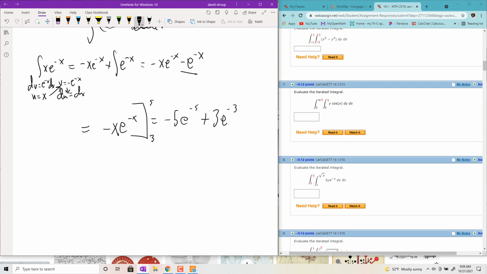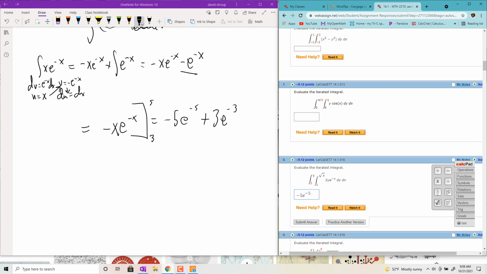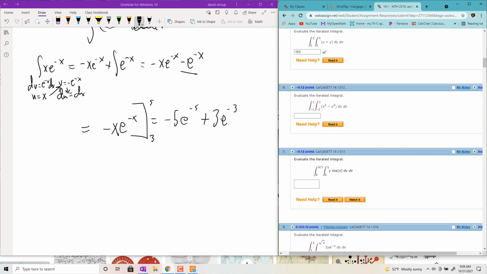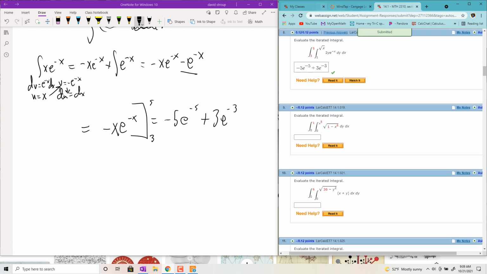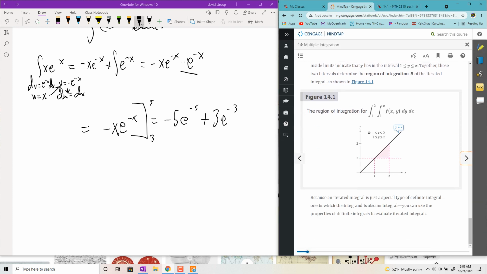And that looks like it. That's your answer there. Okay, so let's put it in there. Negative 5 e to the negative 5, and then plus 3e to the negative 3. And then try it. Yay. All right, so anyways, there's that.